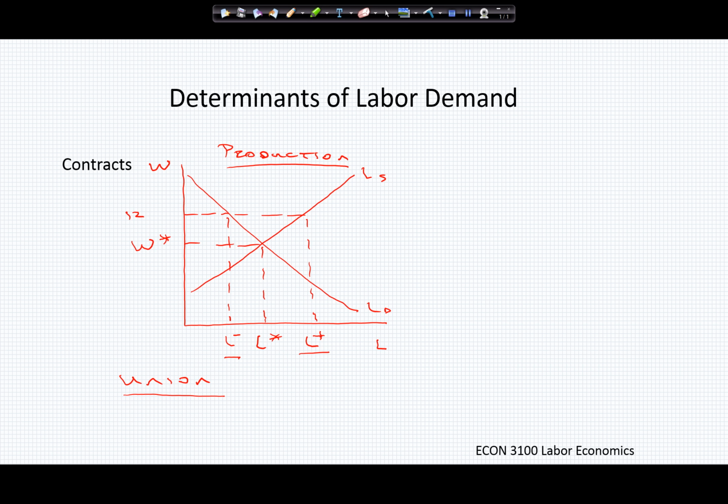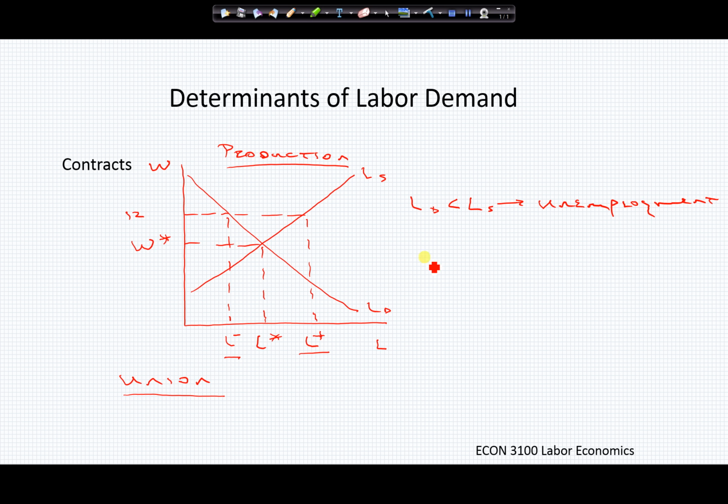Whereas we had zero unemployment when we had this confluence of supply and demand, now we have labor demand being less than labor supply, and we know that that leads us to a condition of unemployment. We've perhaps talked about the exact same phenomena with respect to the minimum wage. So this would be a contract coming into the market.